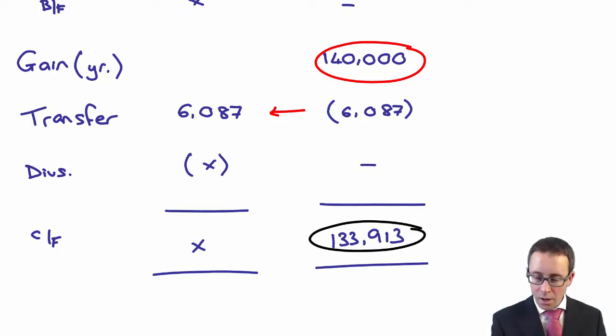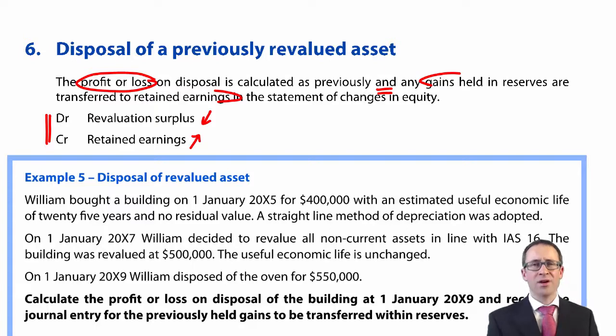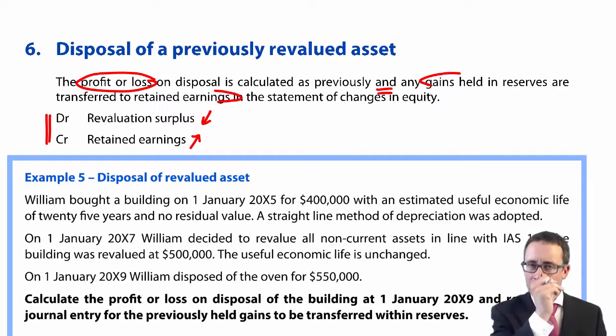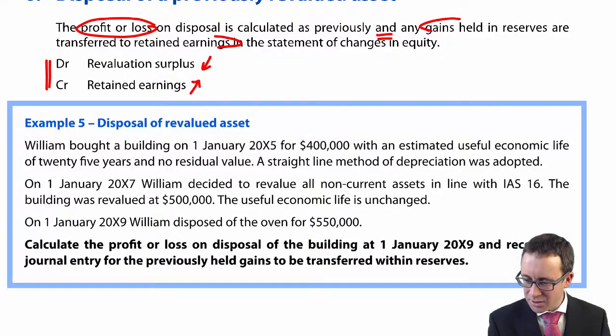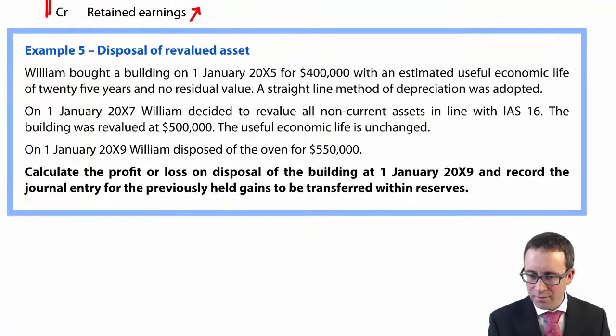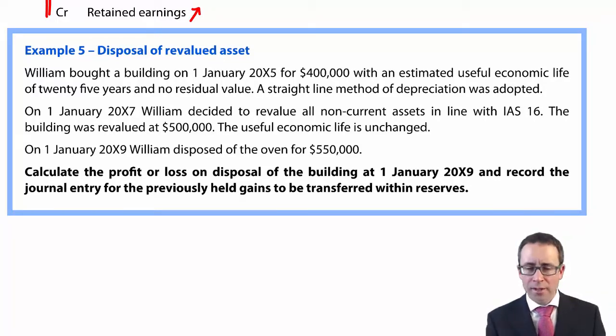Okay. I think what I'm going to do is get you to have a go at the next example yourself and then just use the answer to make sure that you're happy with it. Because I'll chat through it briefly just to make sure that you know what's happening, but I don't really fancy working through the whole question, given that it's a good opportunity for yourselves to get used to the revaluation.